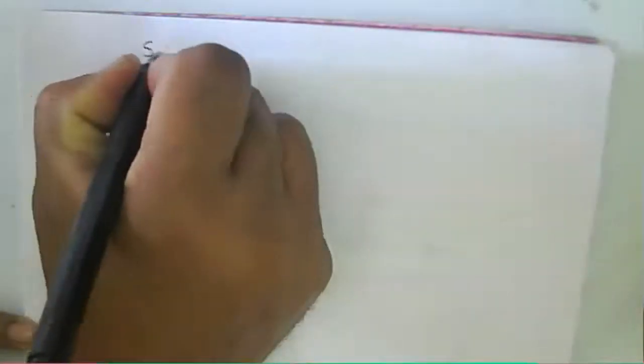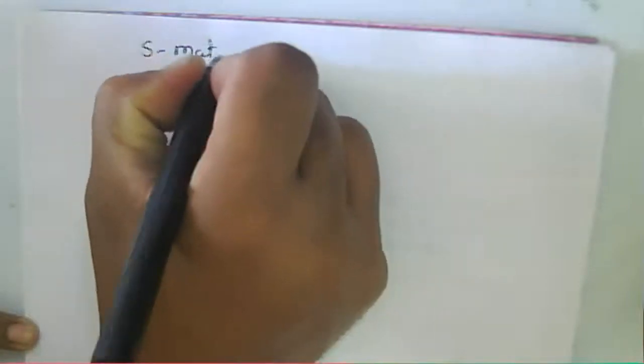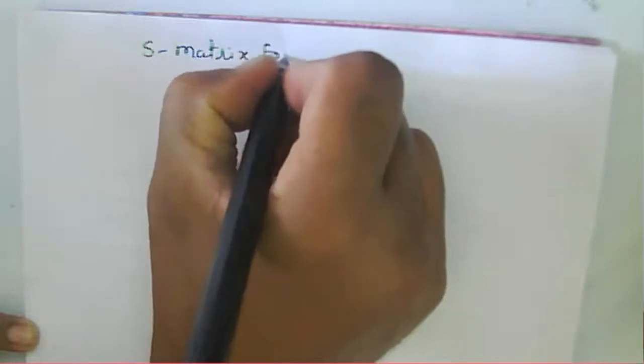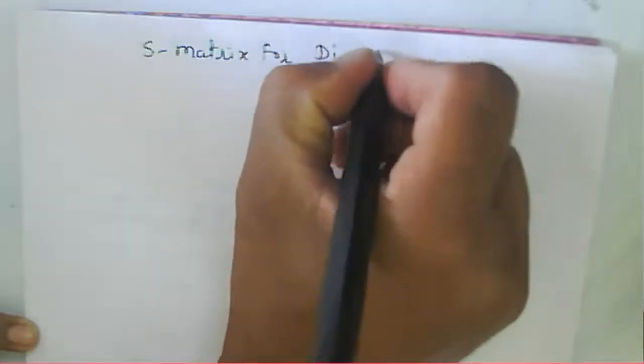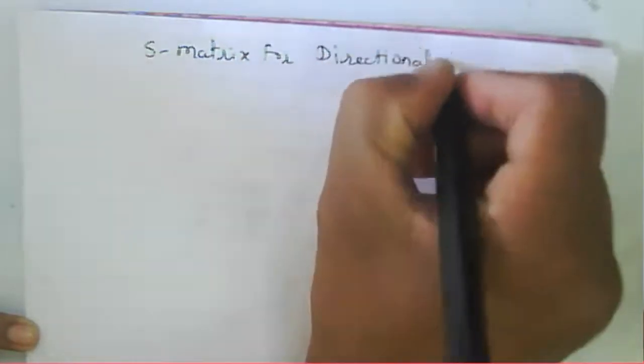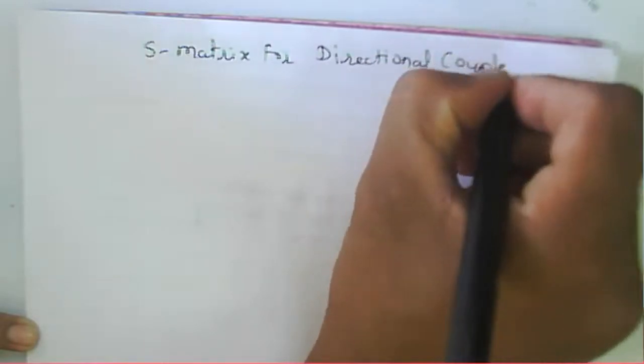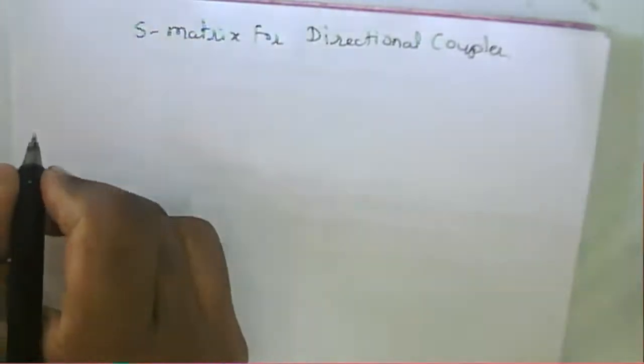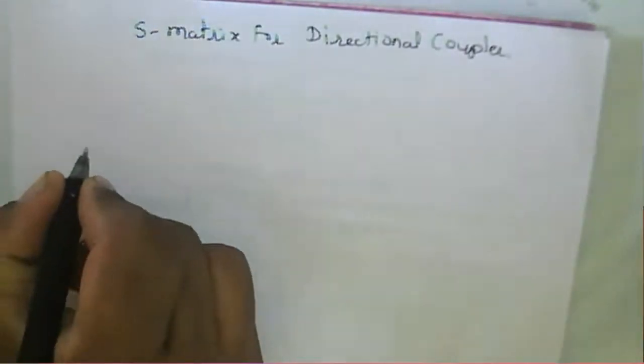Before that, let us find out the S matrix for this directional coupler. We obtain the S matrix for a directional coupler. Because it has four ports, it is a 4 by 4 S matrix.